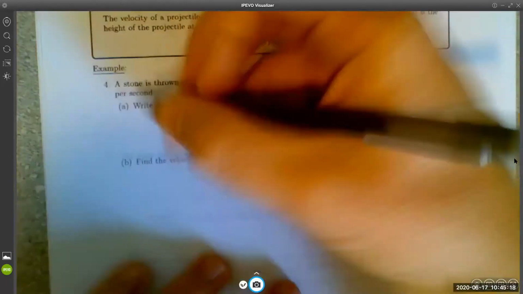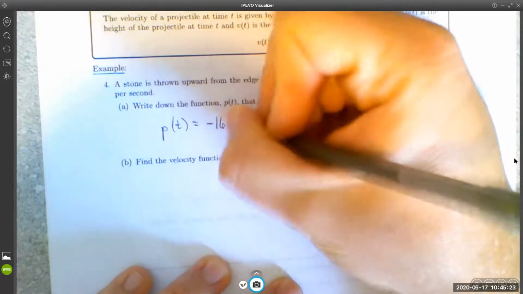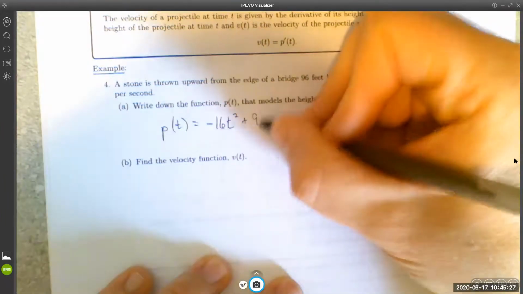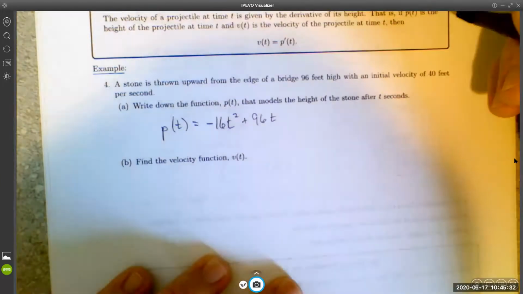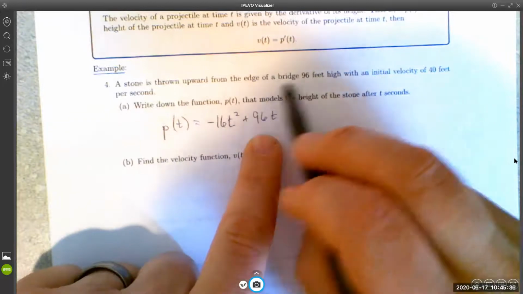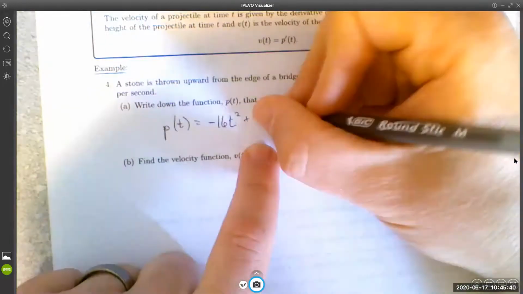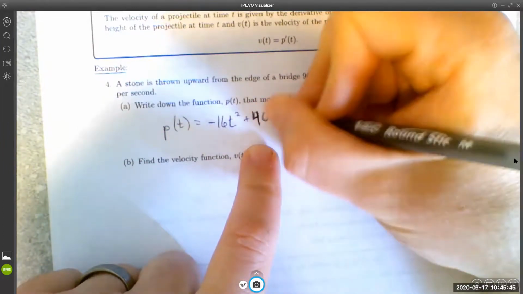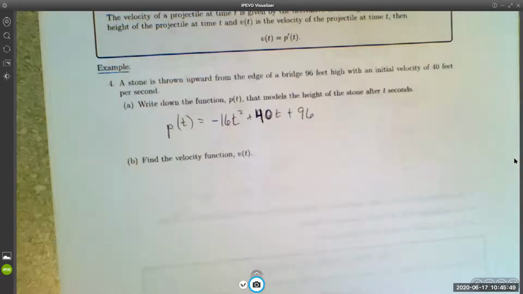So the height, the position, is going to be negative 16t squared plus initial velocity times t plus the initial height. It was thrown from the edge of the bridge 96 feet high, but its initial velocity was 40. So my apologies, this number should be 40. The initial velocity is 40, and then the initial height is 96, right? So there's the position function.